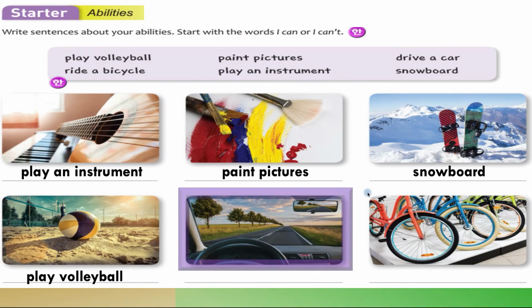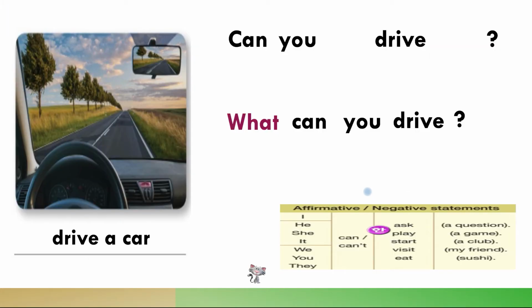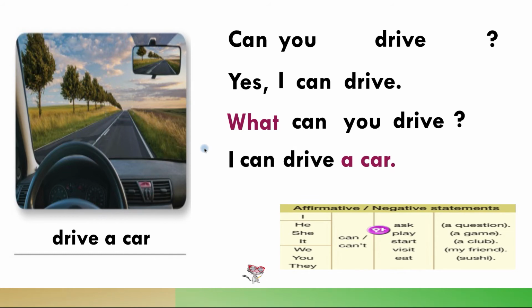Excellent. Alright, so next up, we have drive a car. Can you drive? So you can say, can you drive? And you might say, yes, I can drive. And then they ask, what can you drive? So then we have the example here. What can you drive? I can drive a car.